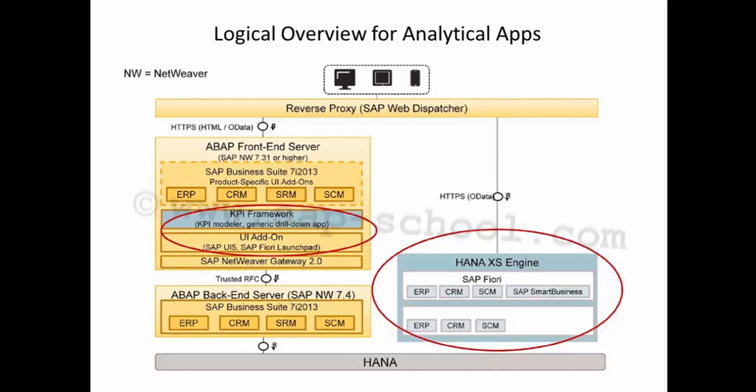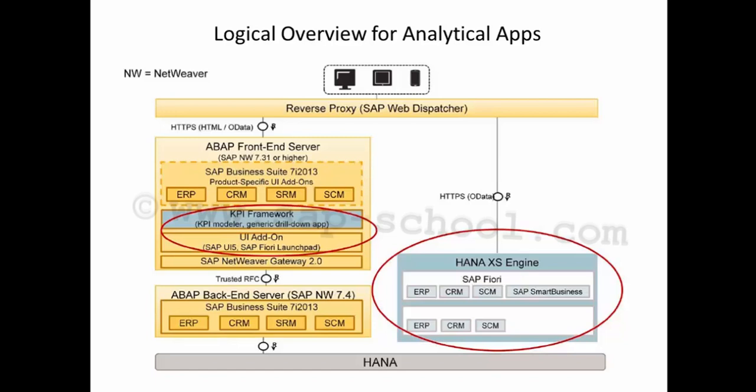The UI for the analytical or the smart business apps is still rendered via the ABAP front-end server. So it means that we will still be using the ABAP front-end server to store the UIs, that is the user interface components.